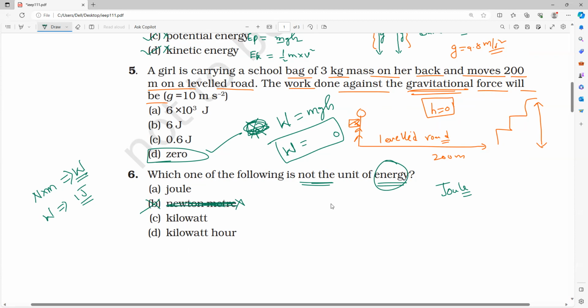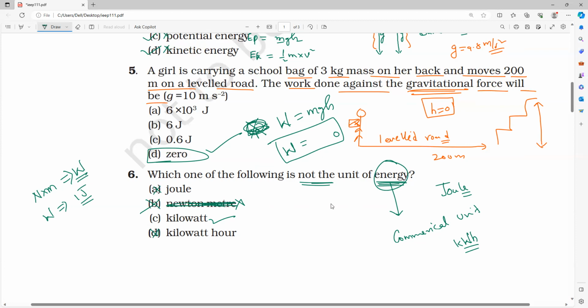But the correct answer is kilowatt. What is the commercial unit of energy? Day before yesterday I also told you. The commercial unit is kilowatt hour. So this is correct, and joule is also correct.